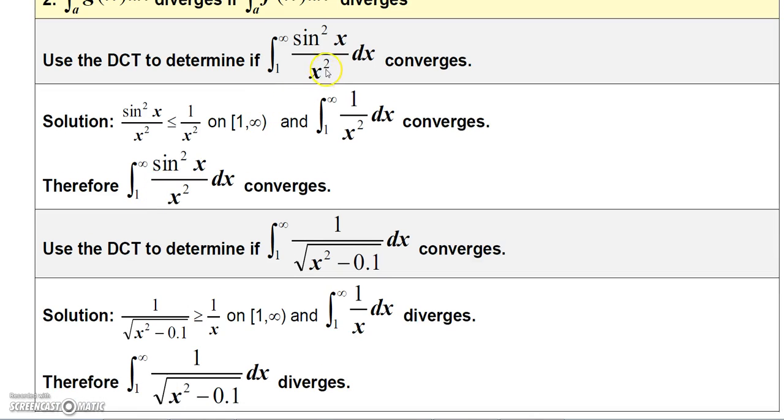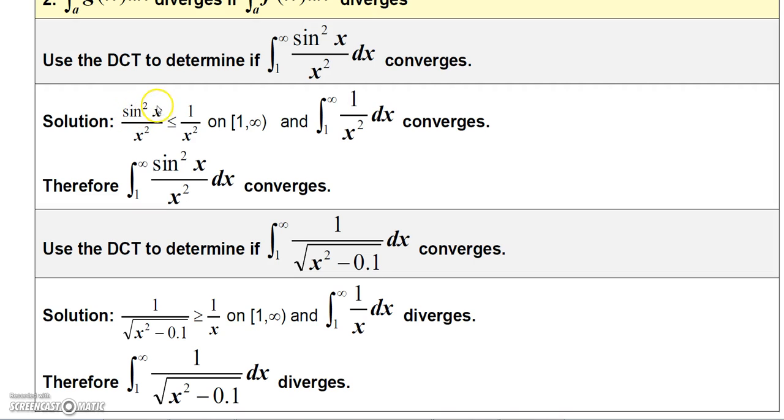So here you have sine squared of x over x squared, and you can show that since the value of sine has to be between -1 and 1, if you square sine, it's got to be between 0 and 1.